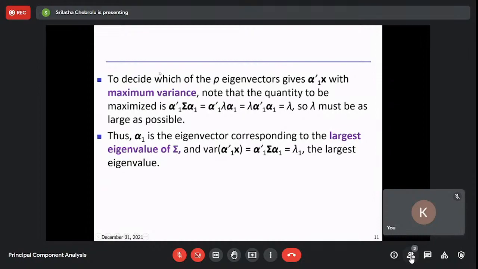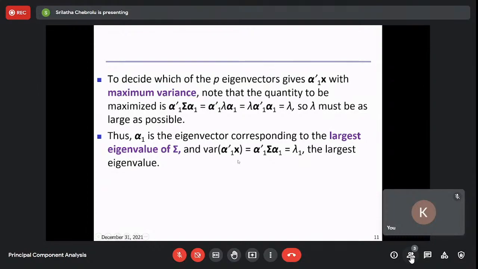To decide which of the p eigenvectors gives the maximum variance, note that this is the quantity to be maximized. So lambda has to be as large as possible, and thus alpha 1 is the eigenvector corresponding to the largest eigenvalue of sigma.